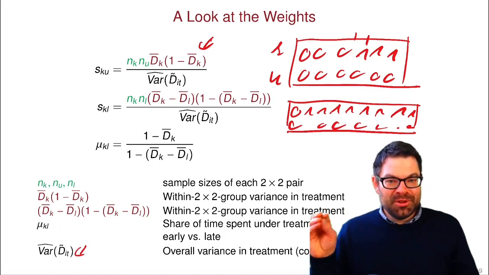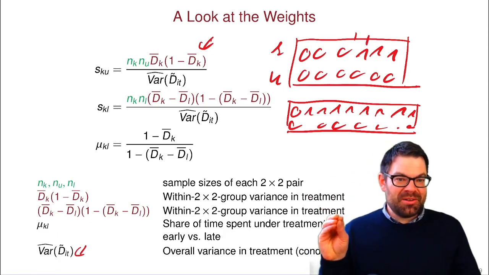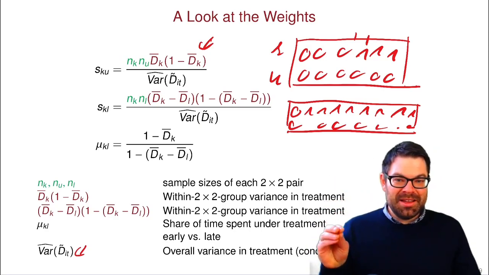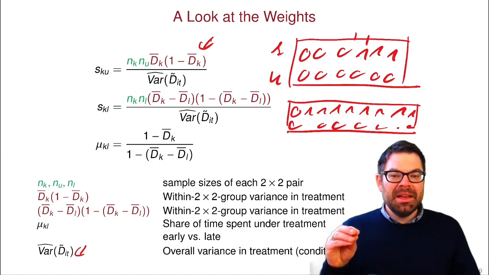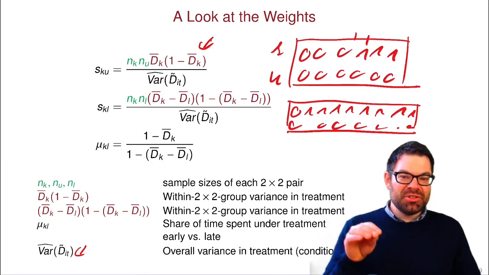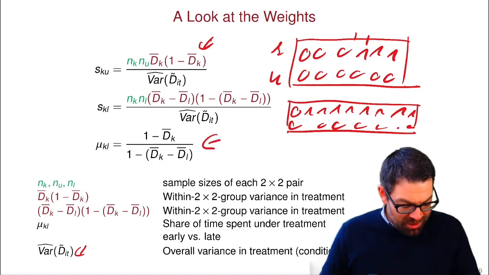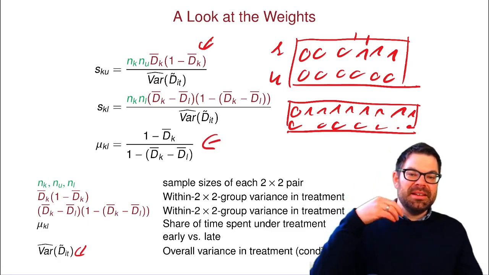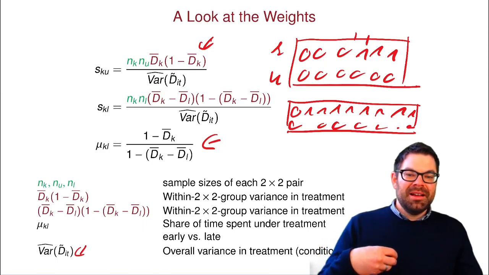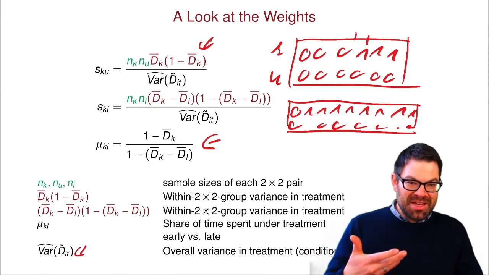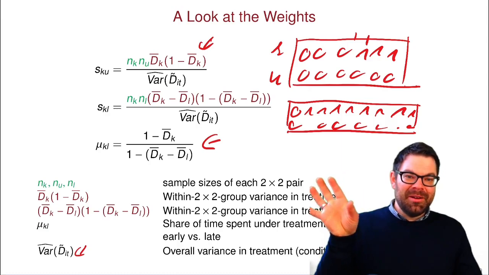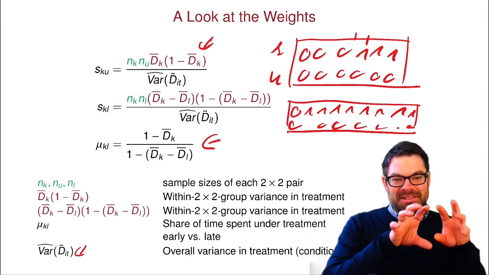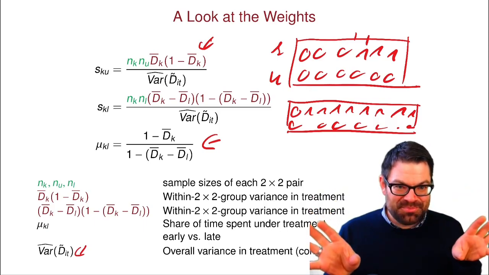So you have those strange 2x2 comparisons. So early adopters are actually a control group for the late adopters. And so there is an additional layer of those weights. That is basically what share of time the early adopters have spent on the treatment and the late adopters haven't yet. Right?